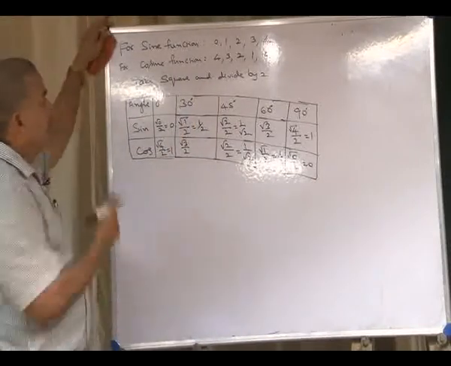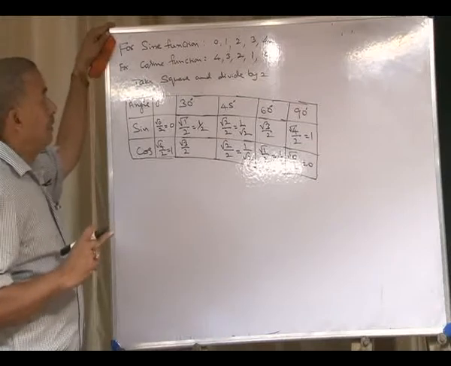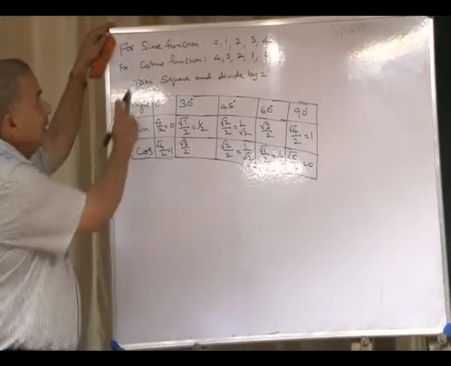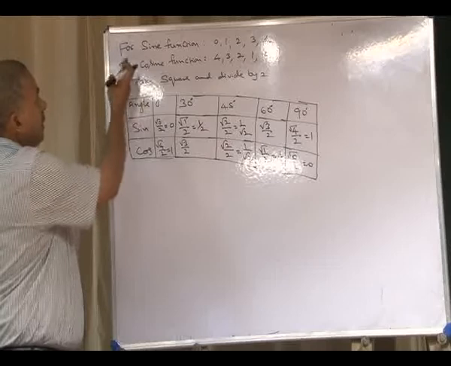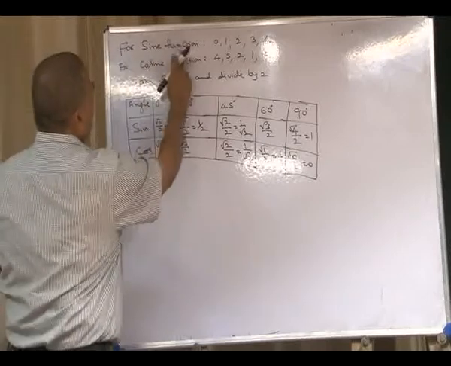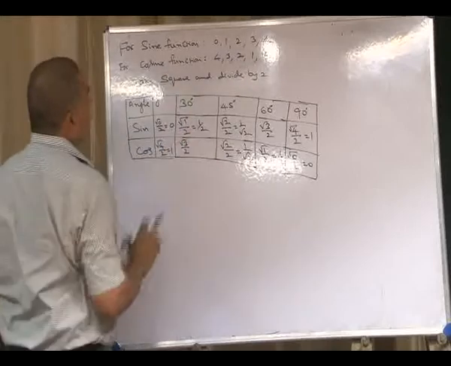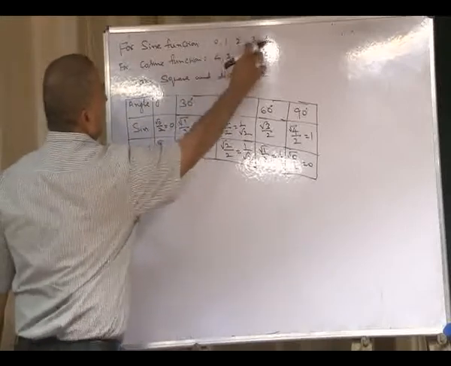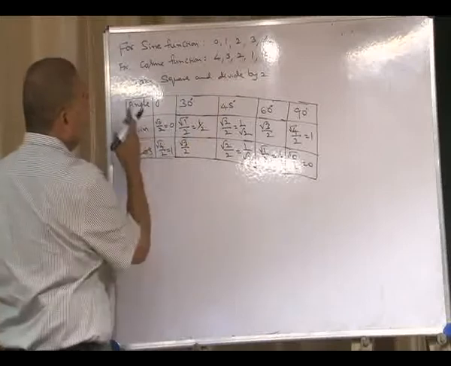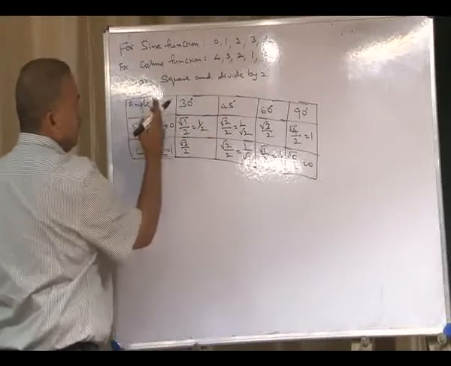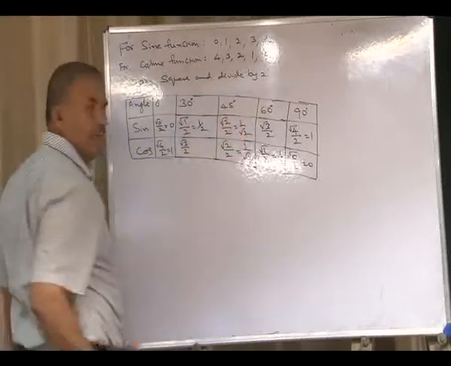To remember the table of trigonometrical ratios of the standard angles: for sine function 0, 1, 2, 3, 4, for cosine function 4, 3, 2, 1, 0. Take the square root of these numbers and divide by 2, then we get sine and cosine of 0, 30, 45, 60 and 90.